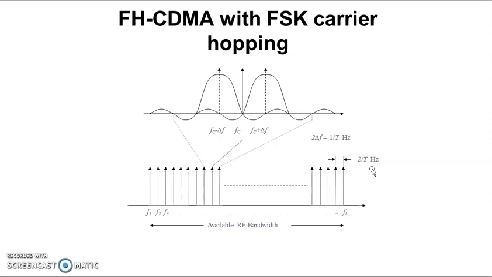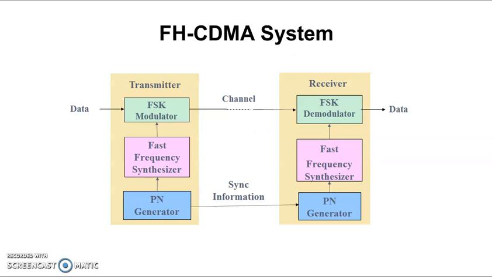And this carrier frequency is controlled by a PN generator of length L equal to 2 raised to n minus 1 chips, where n is the length of the shift register generating the PN sequence. So this is the hopping, and then we have this FH CDMA system.